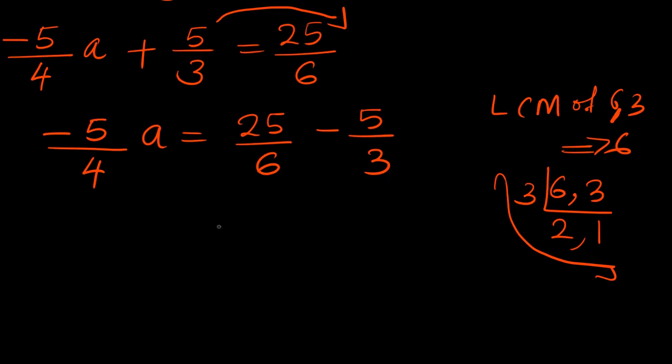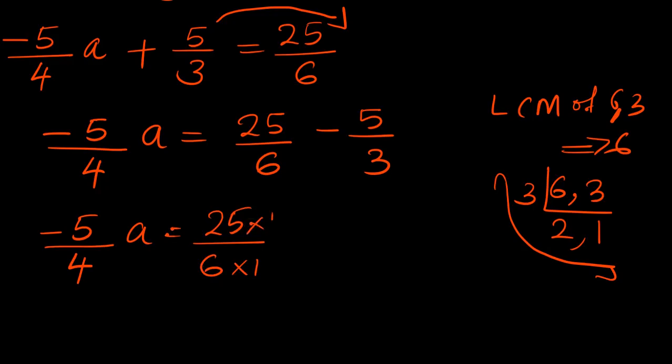So you have to make their denominators 6. So the equation changes to negative 5 over 4a is equal to 25 over 6. It's already 6, there is no need to change it, so times 1, minus 5 over 3. How can you change 3 to 6? 3 times 2 is 6.